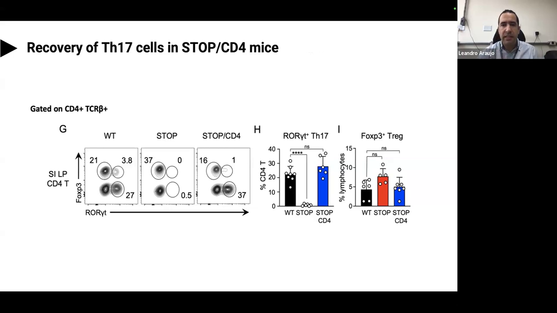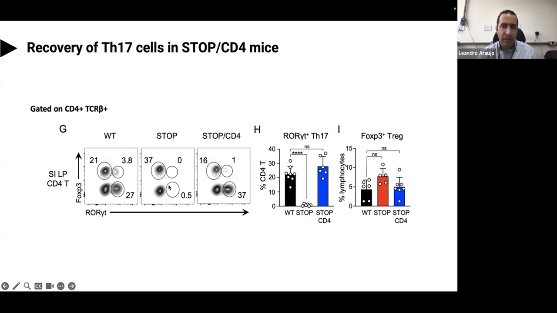Next we want to understand what happens especially in the small intestine. So this is the small intestine analysis. We gate on CD4 and TCR beta positive cells, and as you can appreciate here, we look at RORγt expression and FOXP3. In the wild type, we have all three populations: the RORγt single positive, the double positive, and the FOXP3 regulatory T cells.